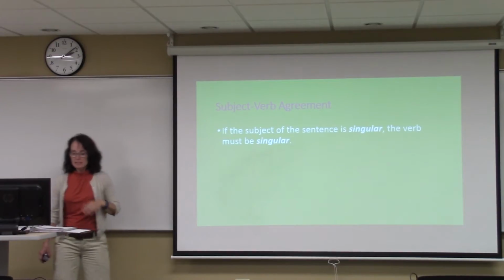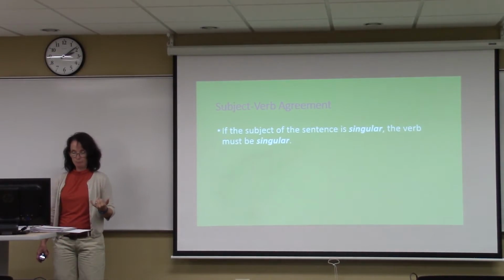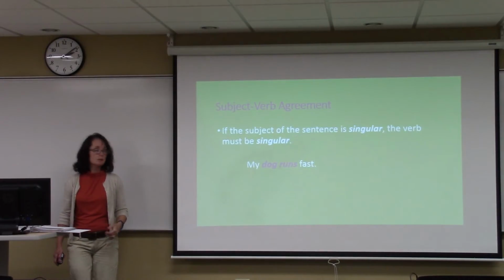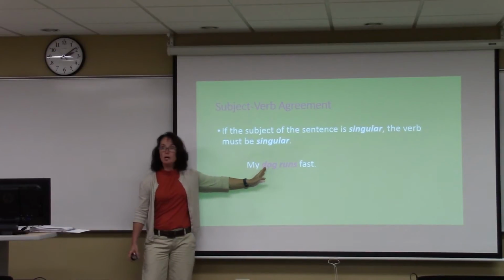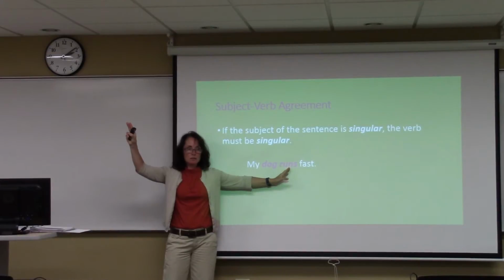If the subject of the sentence is singular, then the verb must be singular. So in the example, my dog runs fast, you see that dog is singular. So the verb needs to be singular.